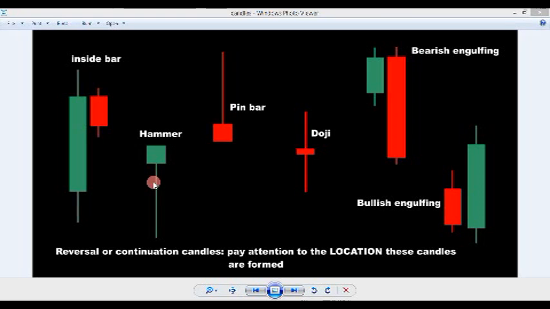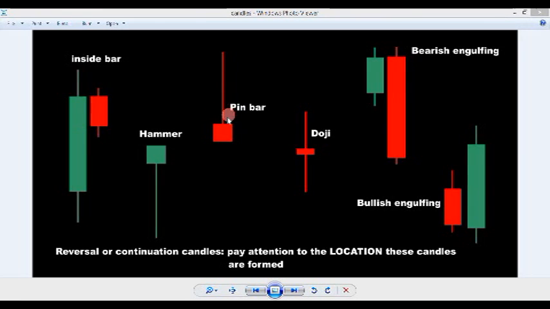It shows bullish pressure in the market, and when this candle appears at a support area or a critical Fibonacci level, it shows the market is likely going to buy up. It shows that the bulls are in the market and they are willing to push the price to the upside.